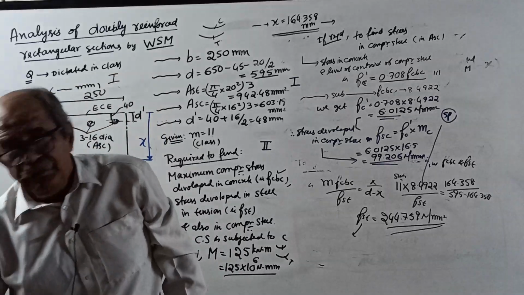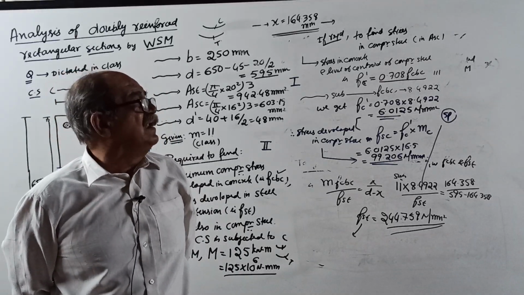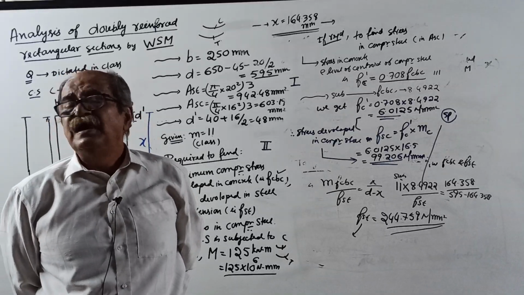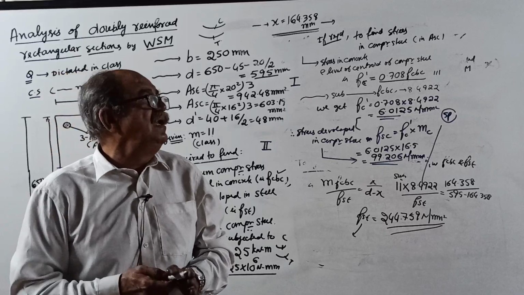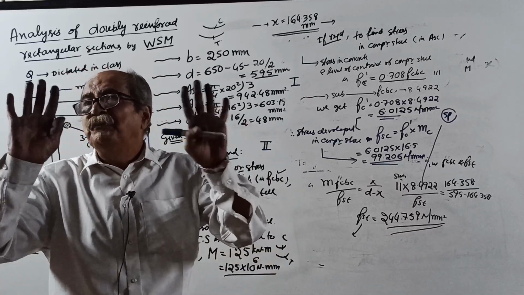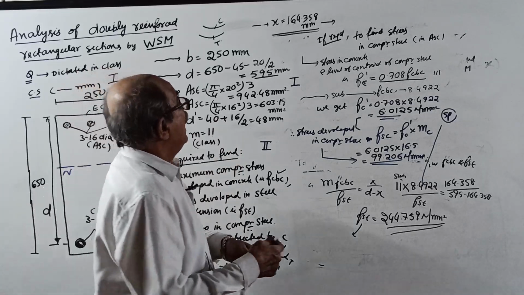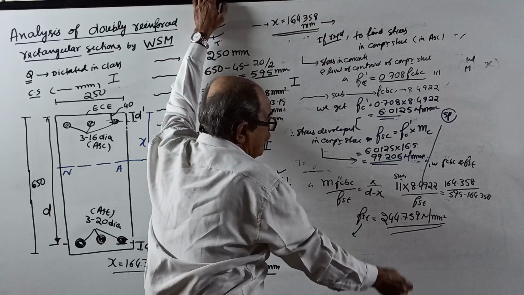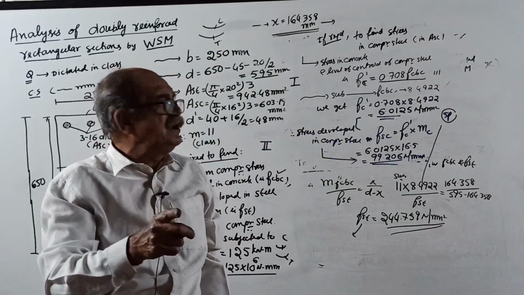People will tell WA in per section, direct expression for M in terms of tension is not available for both working stress method and limit state method. I will prove that it is available, and there also I will get the same answer. It is my responsibility. Answer has to come same.